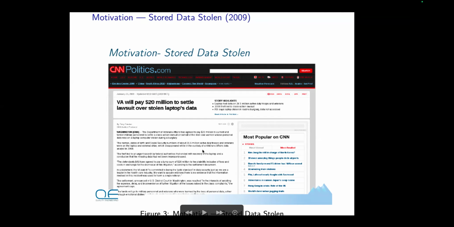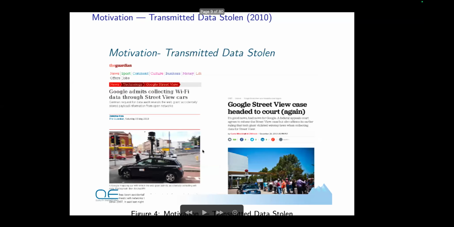Very similar story: there is an organization storing something, whatever they are storing is not encrypted, and then they have an exploit, a vulnerability, and the attacker can get access to all the unencrypted data. And this one is a very similar case, but with transmission. Google admitted to collecting Wi-Fi traffic, and basically Google was the attacker, exploiting the unencrypted traffic over Wi-Fi networks, right?